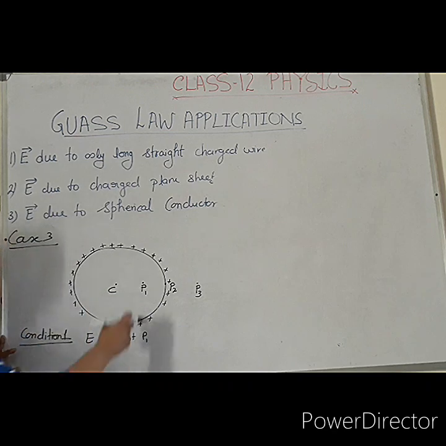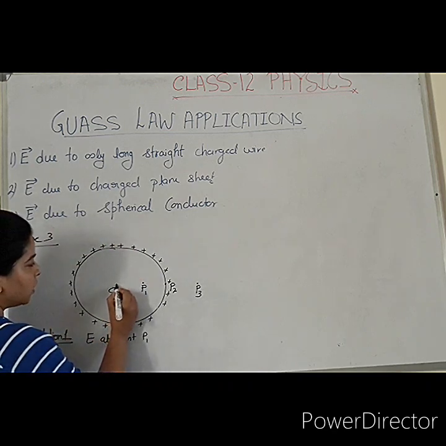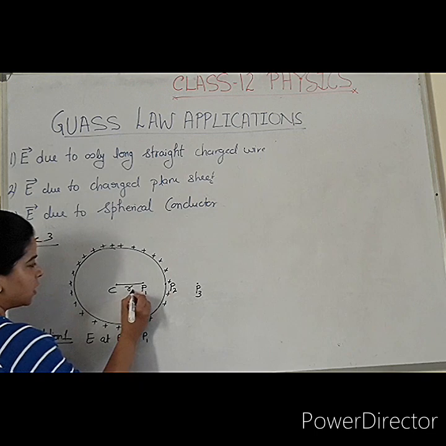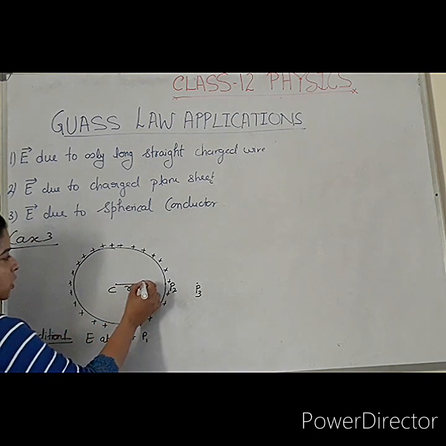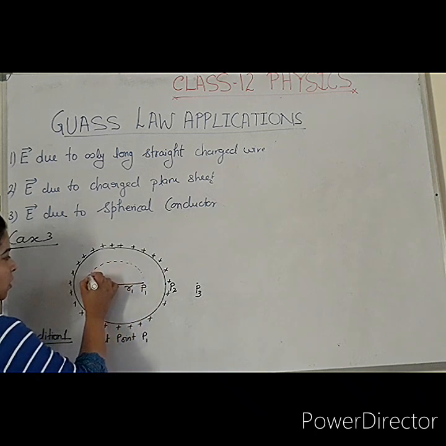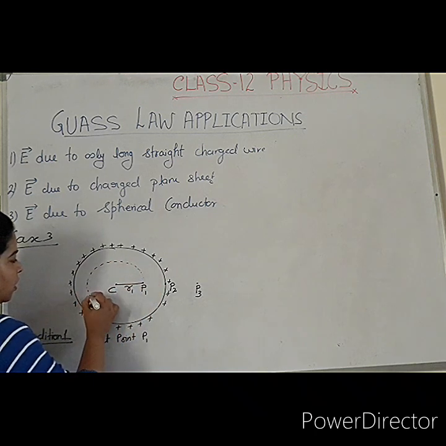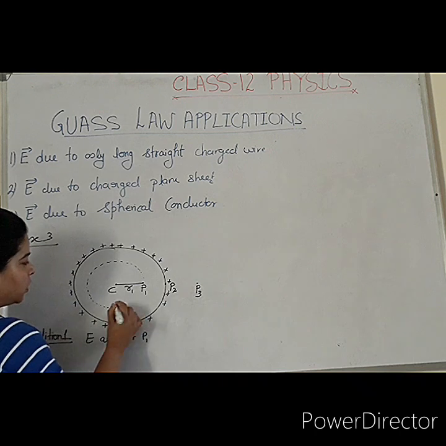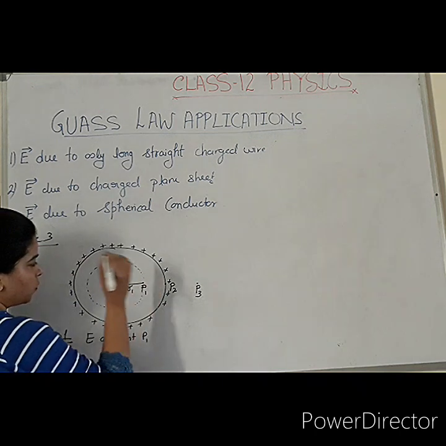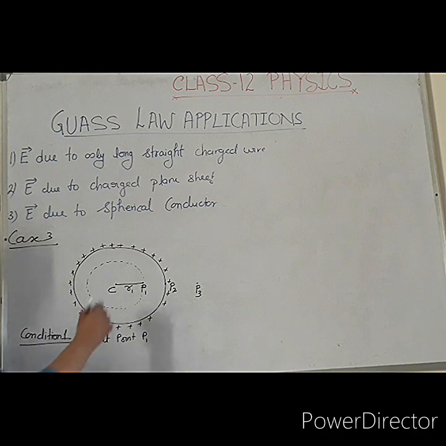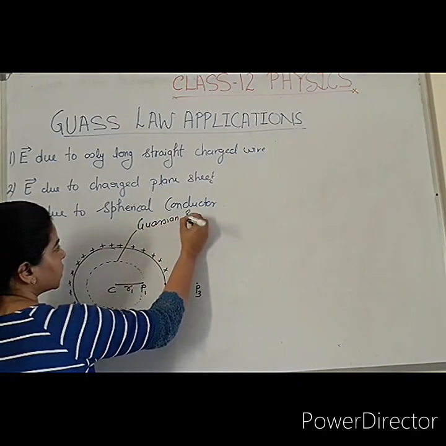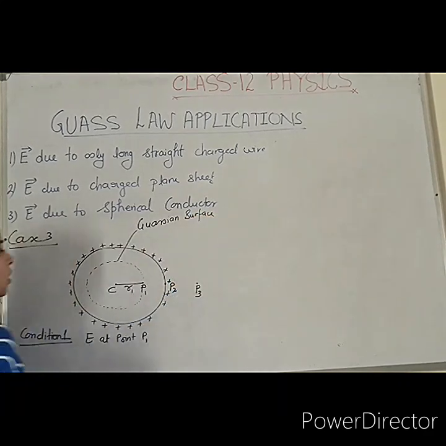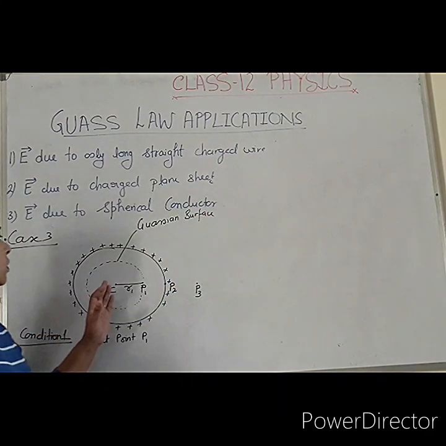This one is the center point. Let this distance be R1, the radius of the hypothetical Gaussian surface which we have assumed with respect to point P1. So this is Gaussian surface 1. We have chosen it because we need to calculate electric field at point P1.